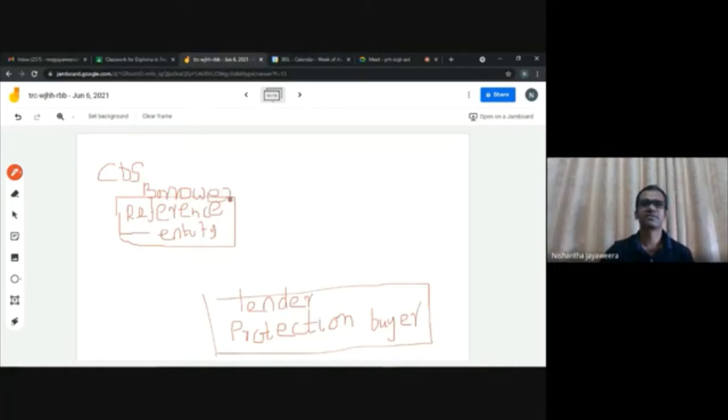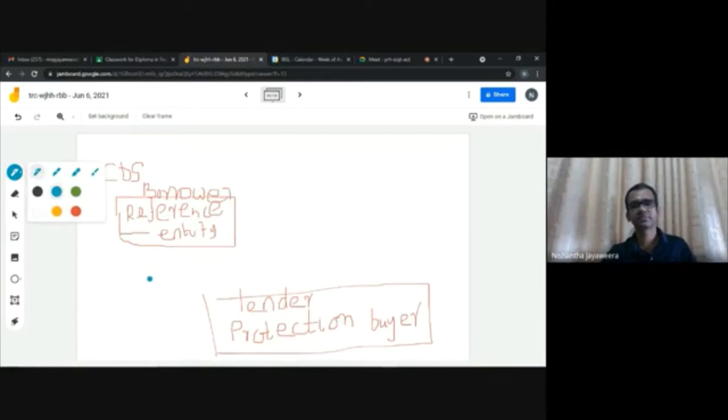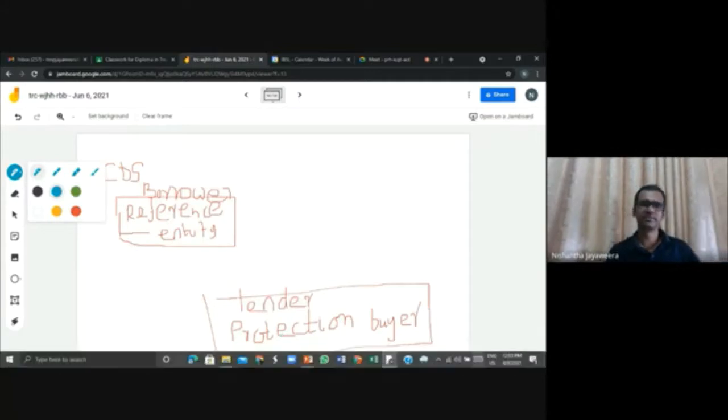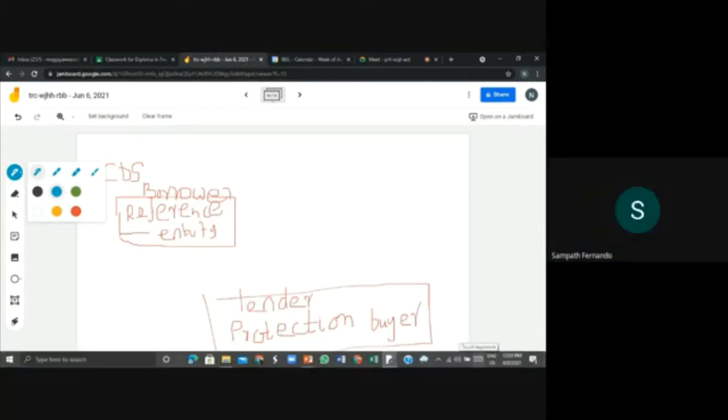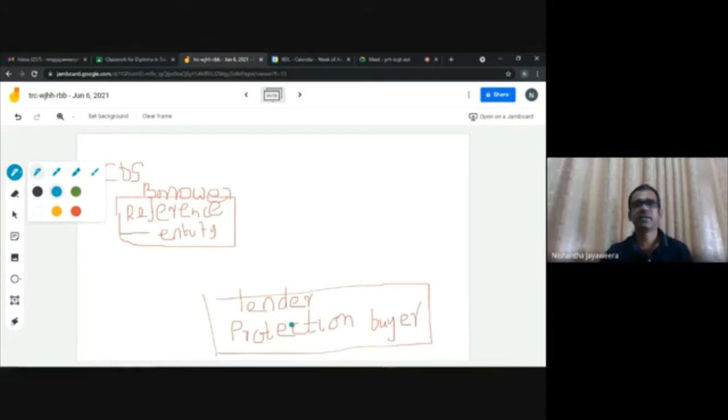Now what's the risk? Who takes the risk, the borrower or the lender? Lender. Credit risk. The lender takes the credit risk of the borrower. If the borrower defaults, the lender loses. So the lender wants to protect that.